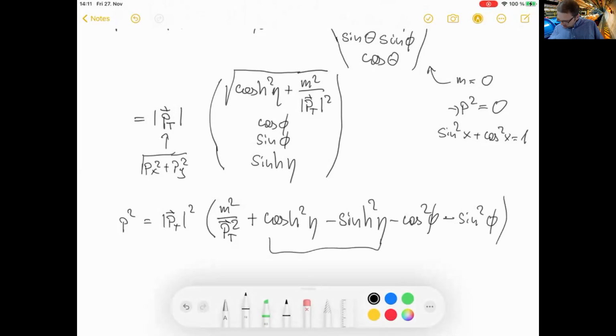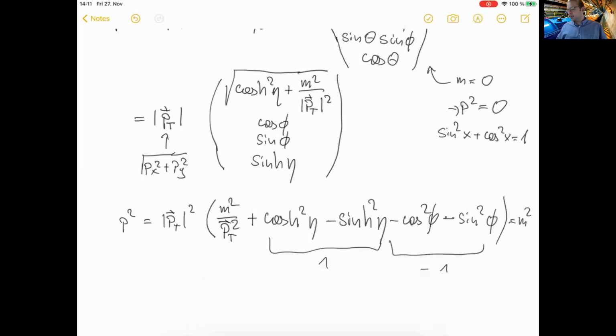And that's 1, and that's minus 1. So that's correct, it's m squared. Which means that this is a good way of parameterizing four momenta of particles of mass m.